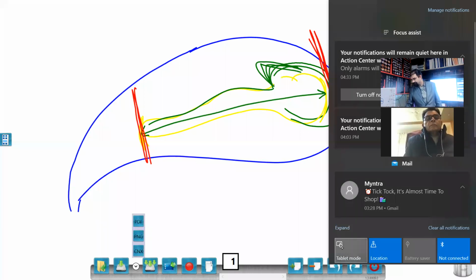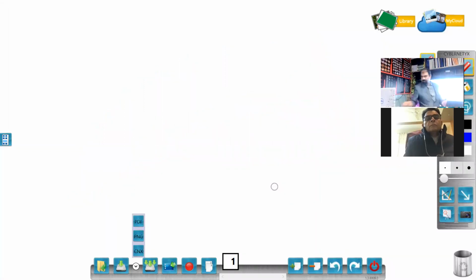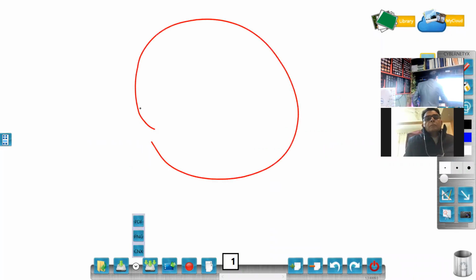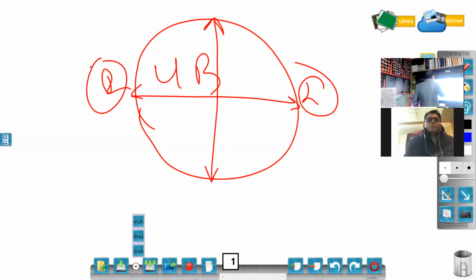The normal urinary bladder is more oval, so the right to left diameter and the anterior posterior diameter will be almost the same.